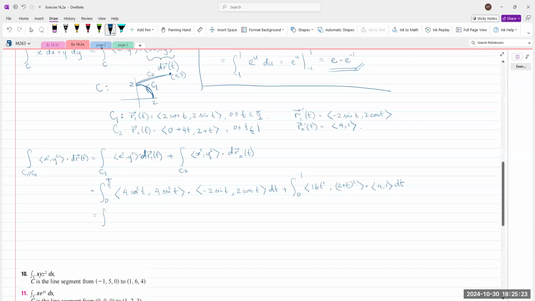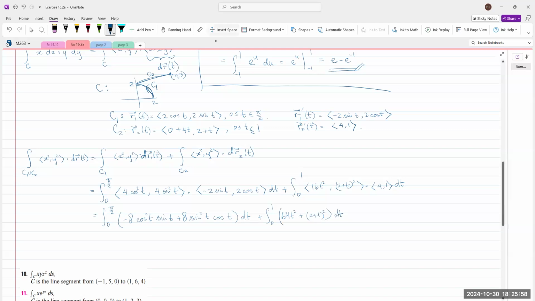This is the integral from 0 to pi over 2 of negative 8 cosine squared t sine t plus 8 sine squared t cosine t dt, plus the integral from 0 to 1 of 64t squared plus (2 + t) squared dt.